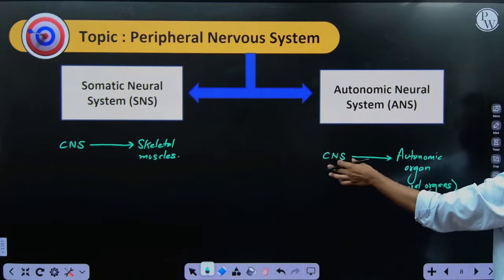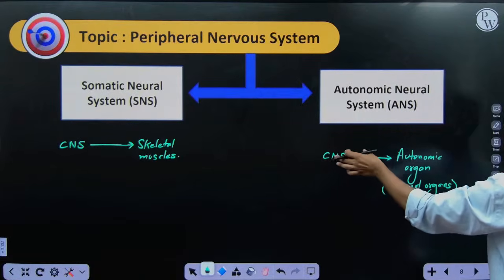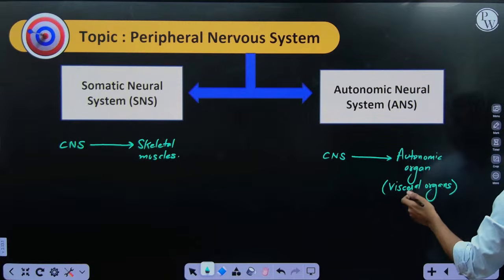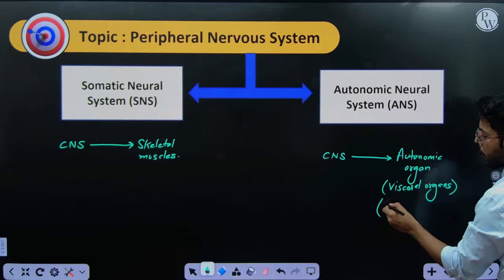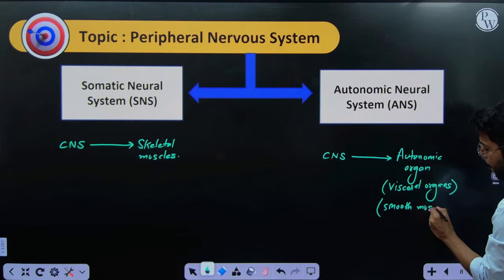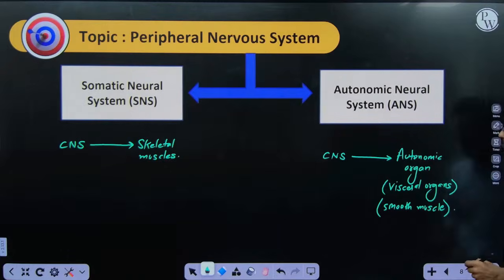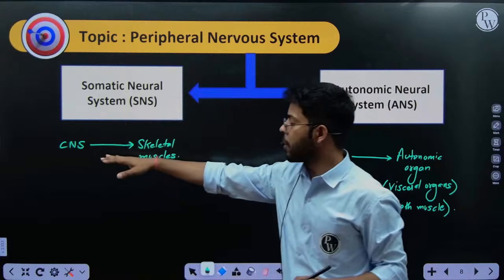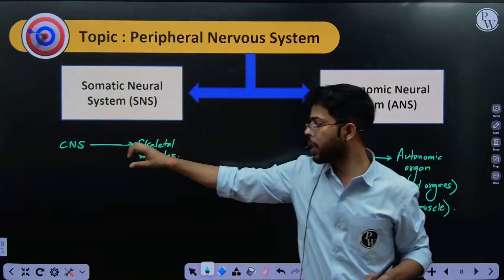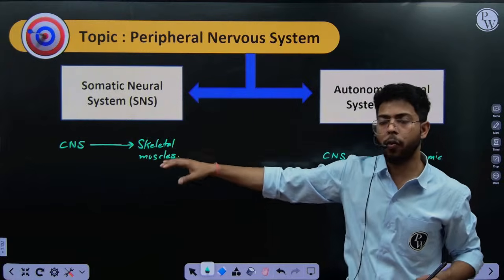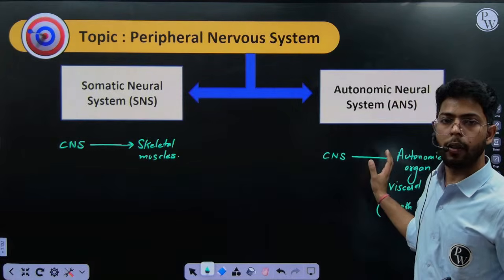So from the CNS it gives impulses to the autonomic organs or visceral organs, or we can say smooth muscles of organs, and these are involuntary in nature. But in the somatic neural system, that means the signal from the CNS to the skeletal muscles, is voluntary. That means we can control it by our own will, but the autonomic cannot be controlled by our own will.